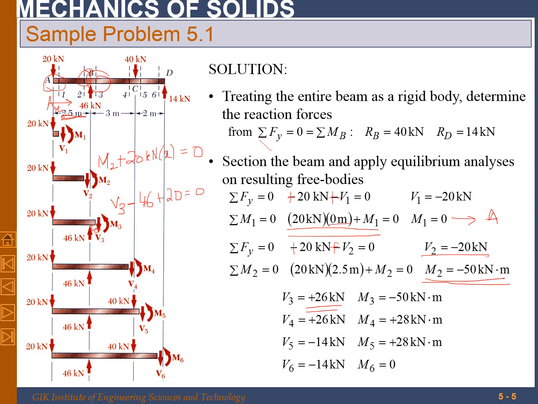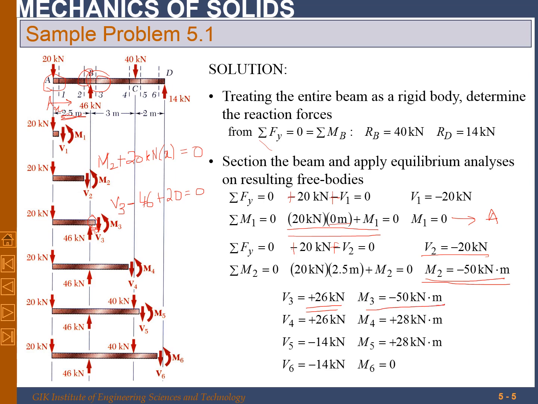Whereas there is no change in moment, since we are taking moment over here, this distance will be almost 0, and 46 multiplied by 0 will be 0. So just after B, my value of moment will be minus 50 kilonewton meter.